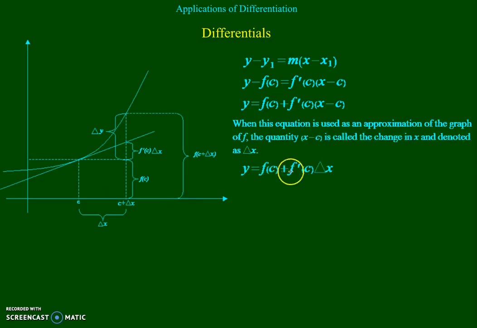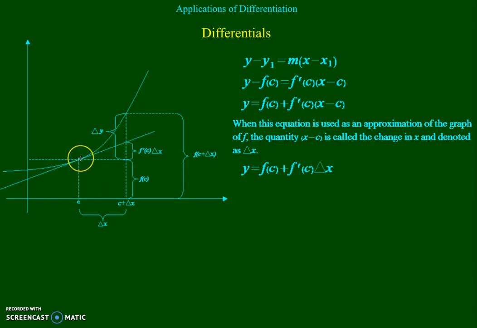This alters the tangent line approximation to this equation, which tells us the y value on the tangent line approximation is equivalent to f of c, the function f evaluated at c, plus this quantity here, f prime of c delta x, which adds on this piece over and above the value at c.